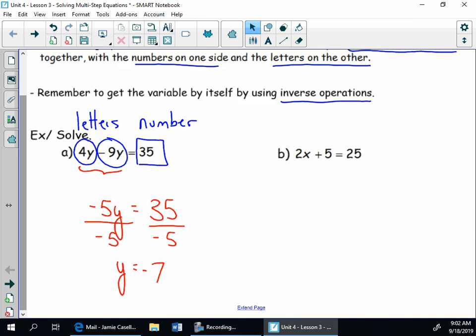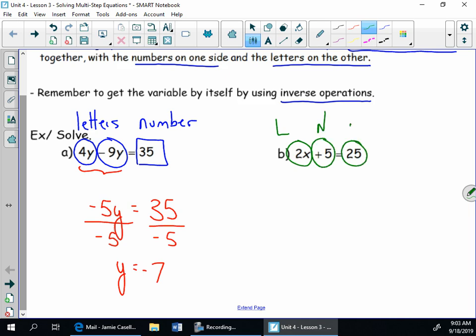So let's take a look at B. B has a letter thing, and we use L for letter, a number thing, and another number thing. I want to collect all the numbers on one side and the letters on the other. Right now I've got a problem because I have a mixture of letters and numbers right here. So let's move something. My objective, if I can, is to move only one thing.